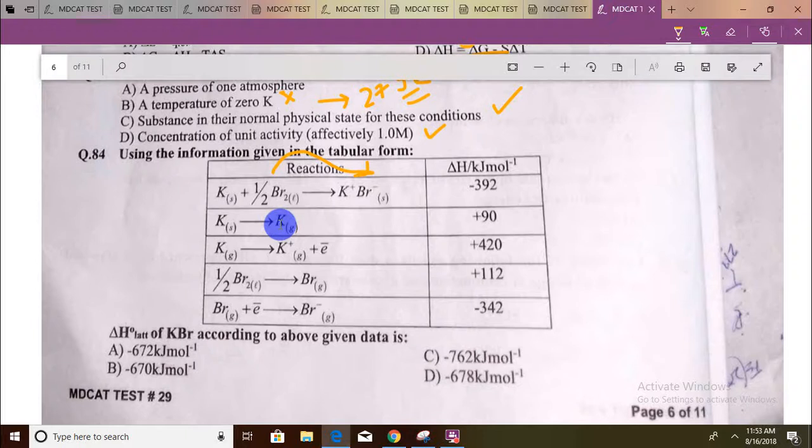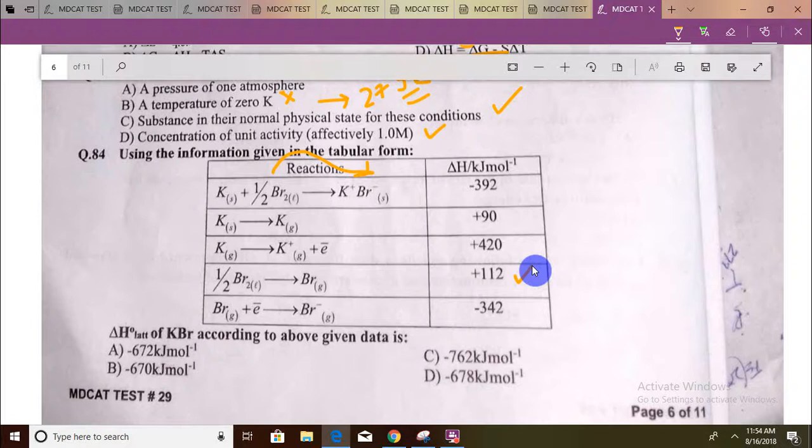The first, we have the first ionization energy, which is similarly important. Then we have the second. Then we have the electron affinity of bromine, the first, and also half the value. So you should know this value for bromine, because bromine is pretty important.